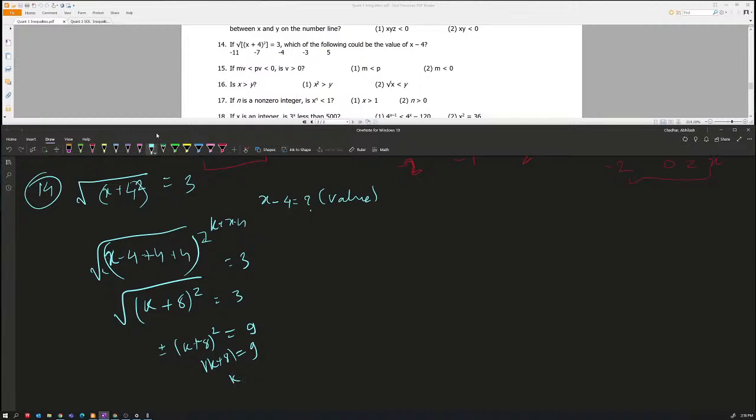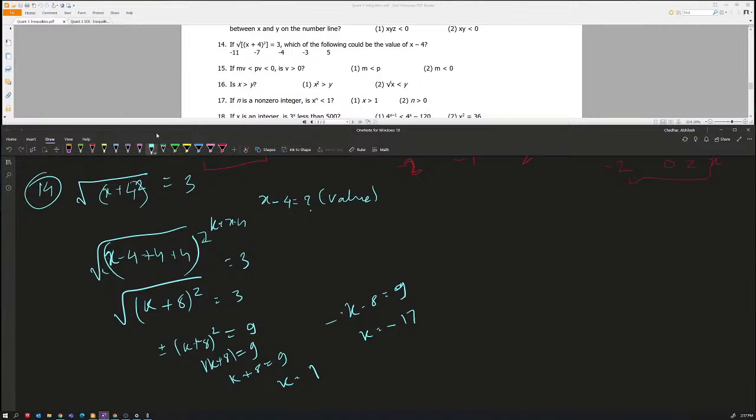And we see mod of k plus 8 equal to 9. So k plus 8 is equal to 9, or minus k minus 8 is equal to 9. There can be two solutions. In this case, k is equal to minus 17, and in this case it subtracts and becomes 1.